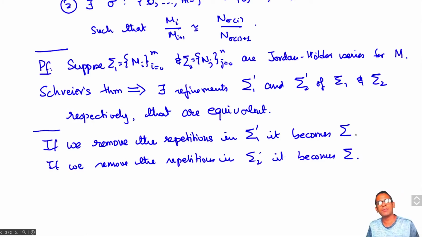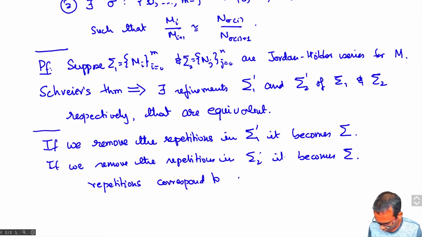But these repetitions are precisely those terms in the series where the quotients are zeros. And because sigma 1 prime and sigma 2 prime are equivalent, they have the same number of zero quotients.